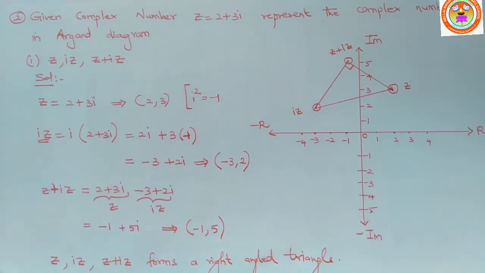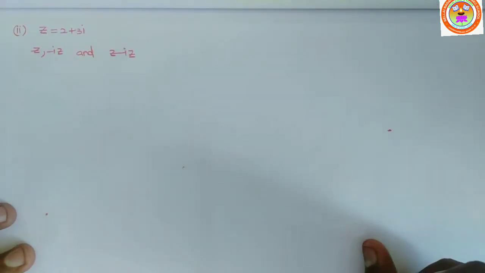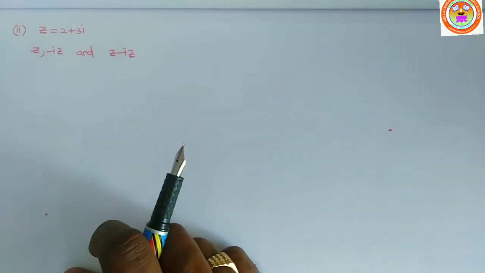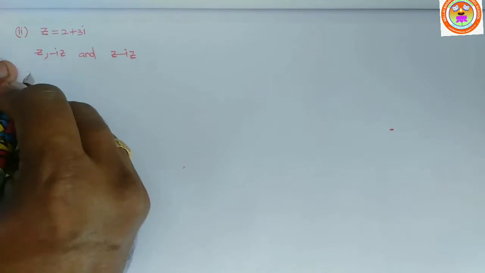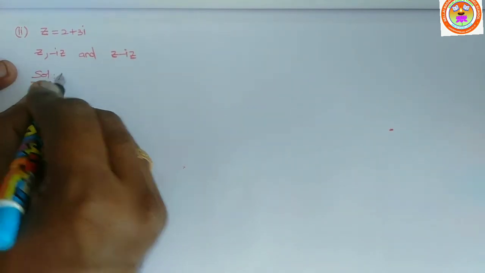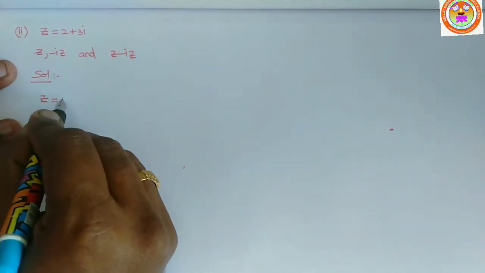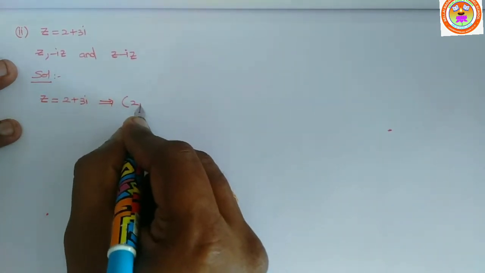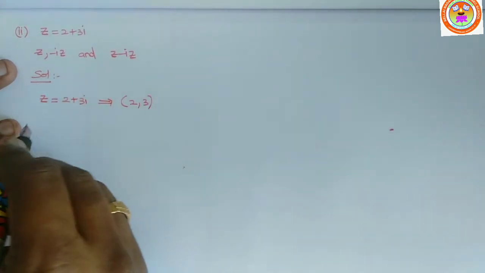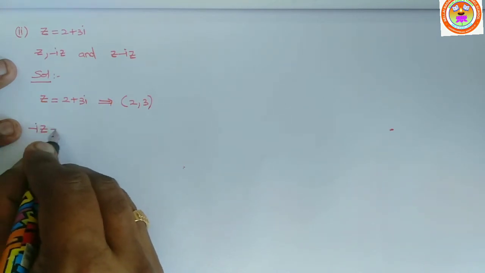So now we go towards the second subdivision. z equals 2 plus 3i; the second subdivision is z minus iz. How are we going to form the solution? We know the z value, 2 plus 3i. The point we can form is 2 comma 3. Next, minus iz.